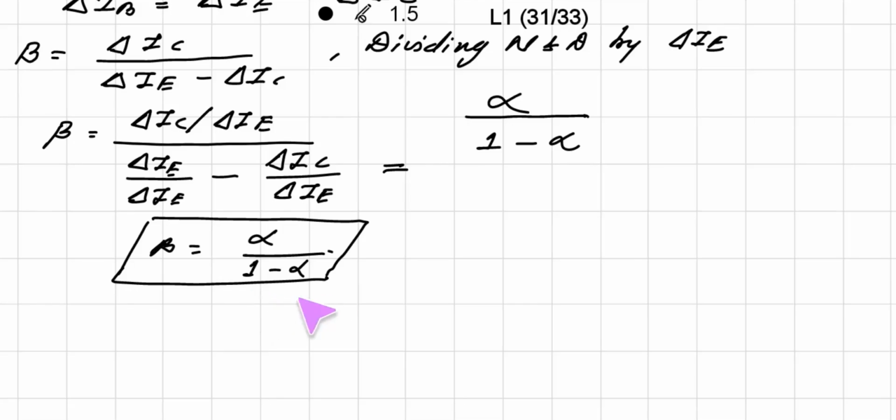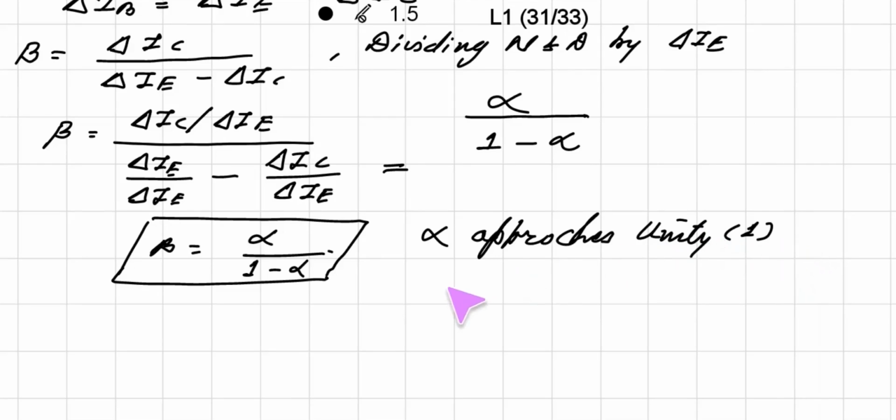So that is why when alpha approaches unity, that is 1, beta approaches infinity. That is the relation between alpha and beta that we should know.